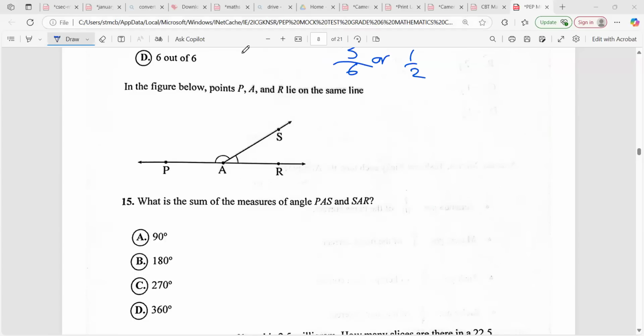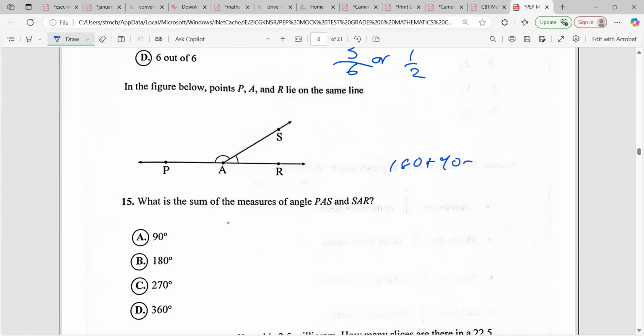An acute angle measures from 0 to 90. So we'll put 90 for the first number. And then PAS is an obtuse angle that measures from 180 to 270. So 180 plus 90 gives you 270. So the answer is C.